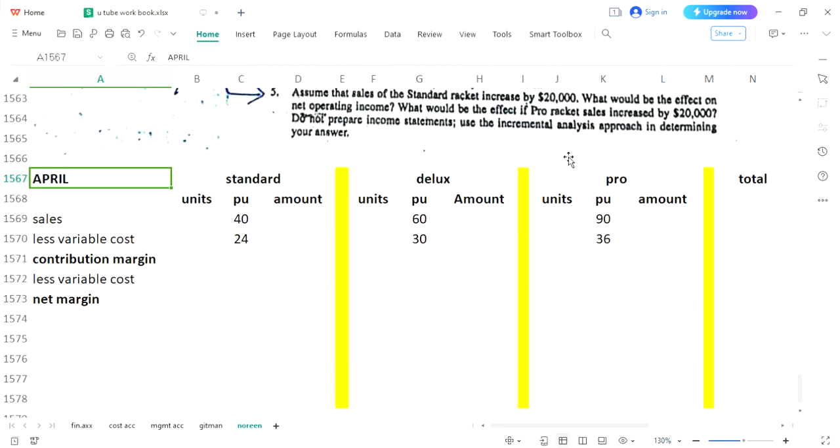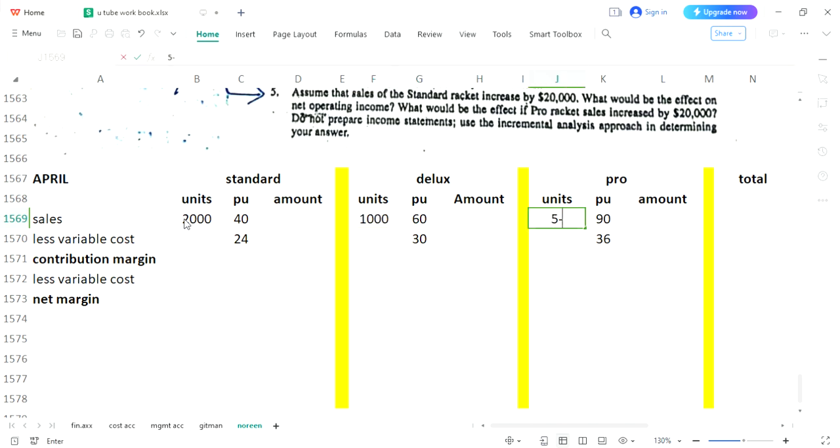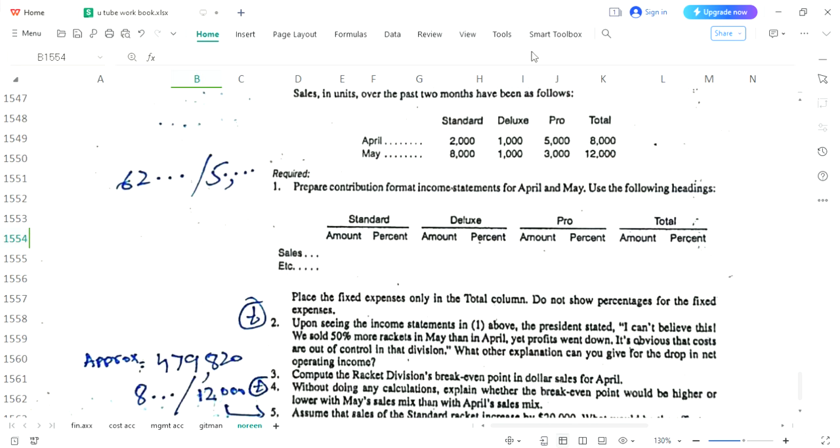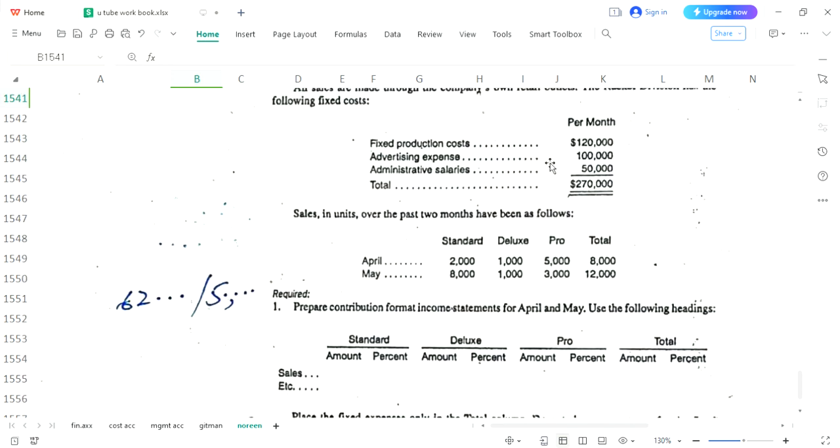Here 2000 units for standard, 1000 units for deluxe, and 5000 units for Pro. Units are completed.